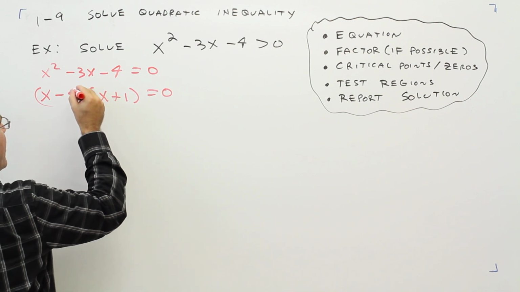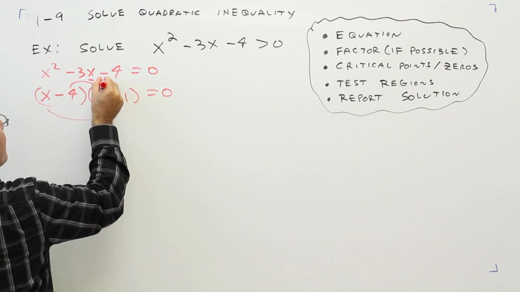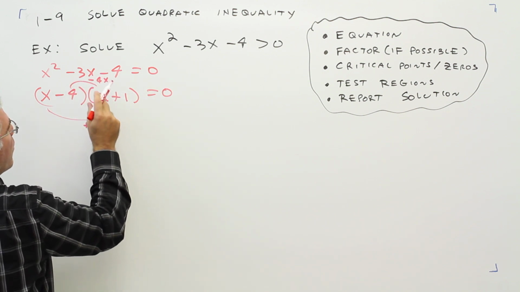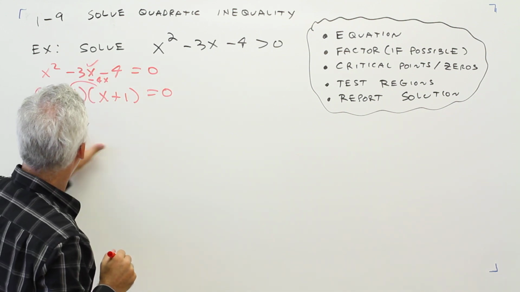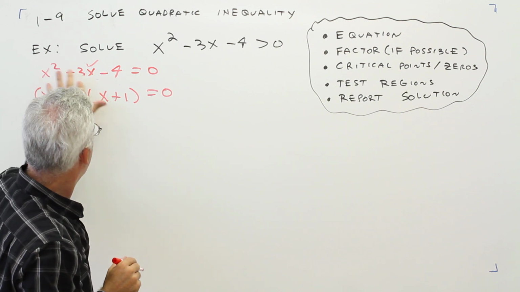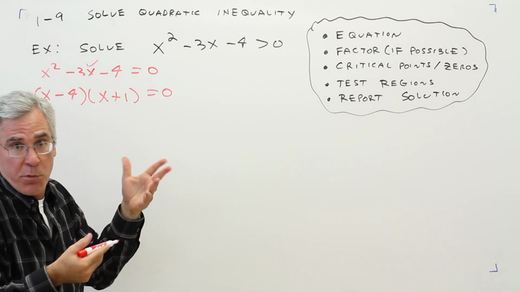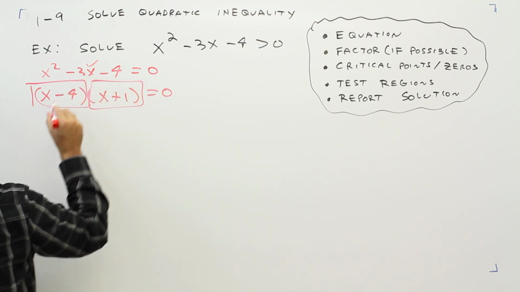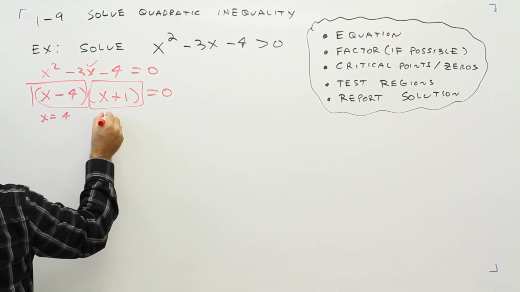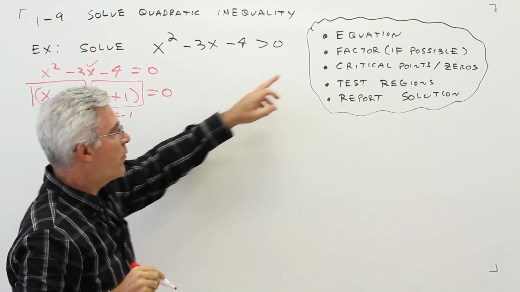And I usually do my OA check: minus 4x, plus 1x, is minus 3x, check. Then find the zeros, which are going to be the critical points. So x equals 4, x equals -1.